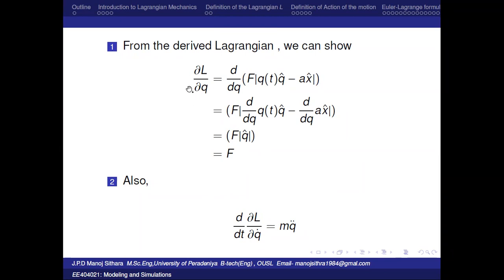In the Euler Lagrange formula, we need to find this part and this part, right? So through simplification, we can show that the partial derivative of the Lagrangian with respect to position is nothing but the magnitude of the force, right?